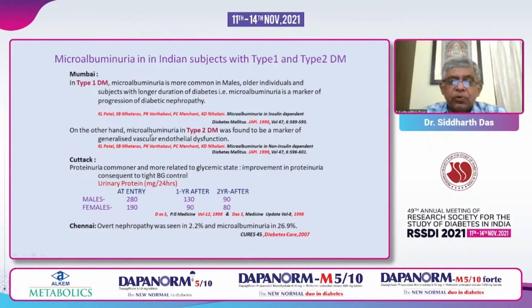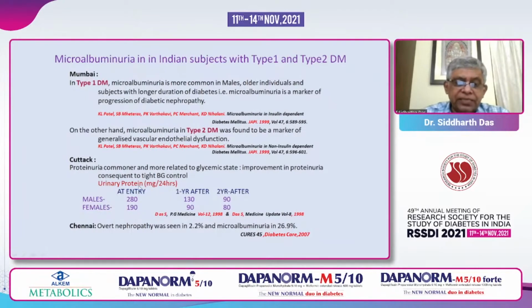On the other hand, in type 2 diabetics, there is a discordance. Microalbuminuria in type 2 diabetics was found to be a marker of generalized vascular endothelial dysfunction rather than pure diabetic nephropathy. In our study, we followed the same cohort of patients for 2 years.